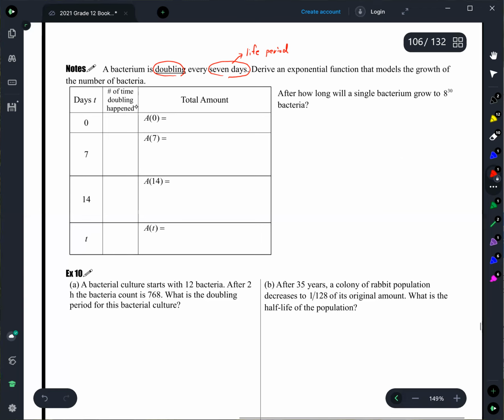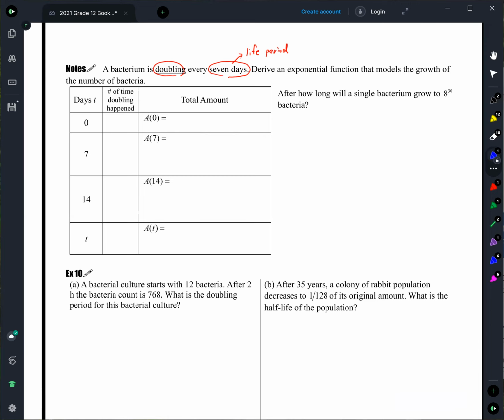Oh, okay. All right, so let's take a look at how the formula will change for this one. So we started with a bacterium, that means 1. So 1 bacterium. The number of times doubling has happened so far is 0. You started with 1.